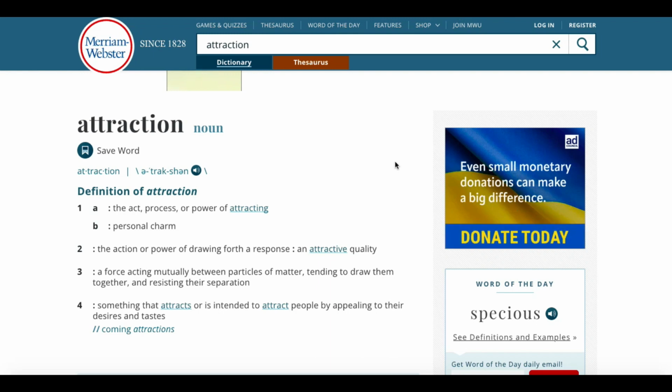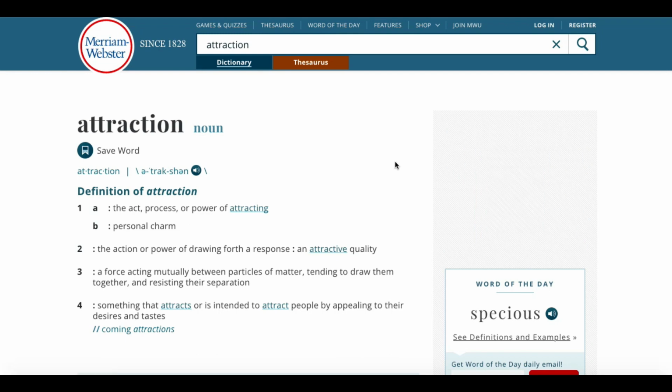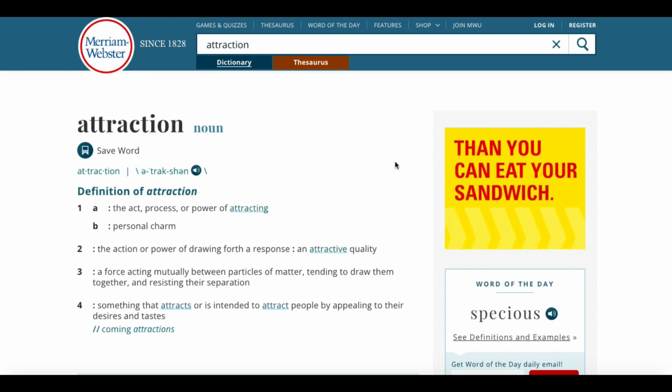Anyway, in our definitions, we have attraction: the act, process, or power of attracting. There's a power, there's a charm, the action or power of drawing forth a response, an attractive quality, a force, maybe, according to this definition, acting mutually between particles of matter, tending to draw them together and resisting their separation.